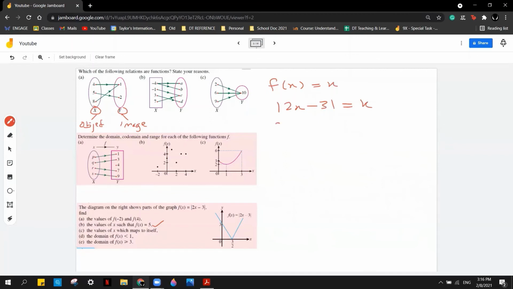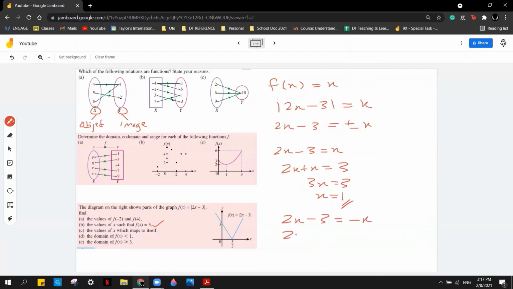Hence, how do we solve it? 2x minus 3 equals plus minus x. Simple as that. Let me do it a bit quicker now. 2x minus 3 equals x. If I rearrange it, 2x minus x equals 3, so x equals 3. Hmm, let me redo this. 2x minus 3 equals x, so 2x minus x equals 3, x equals 3.